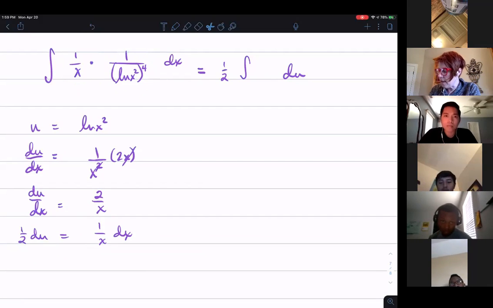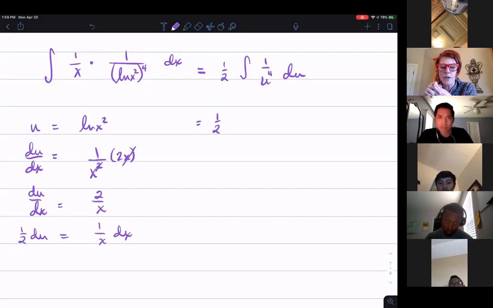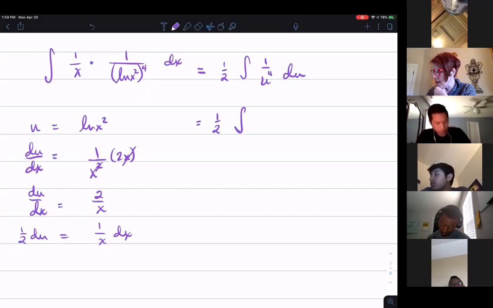I'm going to say that the inside of this is going to be u, so that's going to be a 1 over u to the fourth power. Yep. Right. Okay, so now, typically when we did integral of 1 over u to the 4th, we take that to the top, just makes it easier. Mhm. And think of it as a u to the -4th.